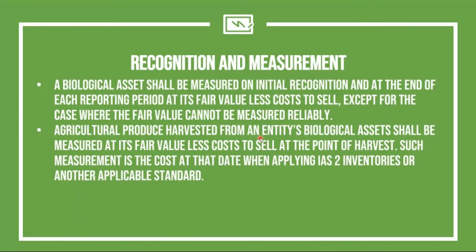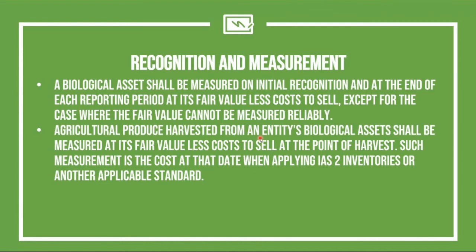A biological asset shall be measured on initial recognition and at the end of each reporting period at its fair value less cost to sell. This is where we emphasize that cost to sell is important. In our previous discussion of investment property, if you're using the fair value model, you only subsequently measure it at fair value.